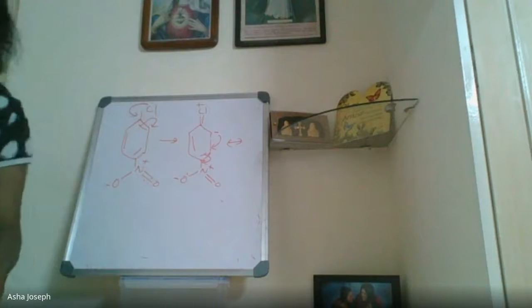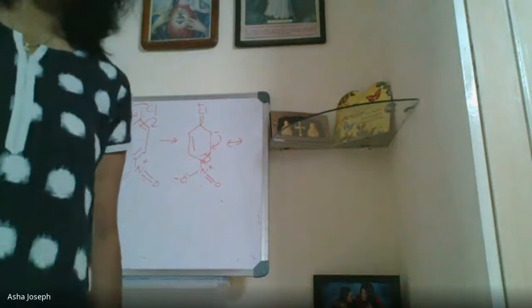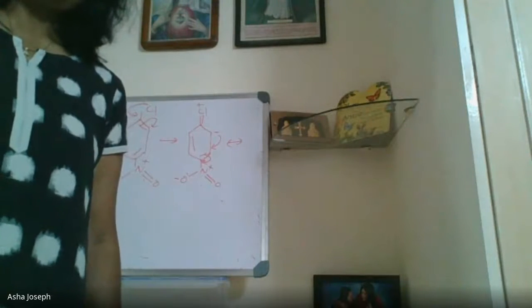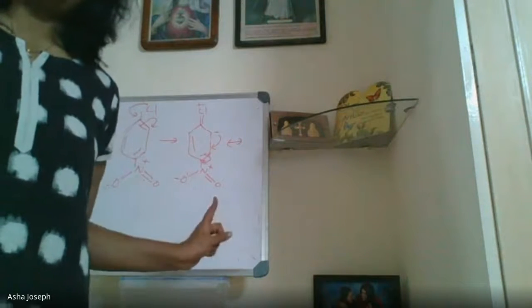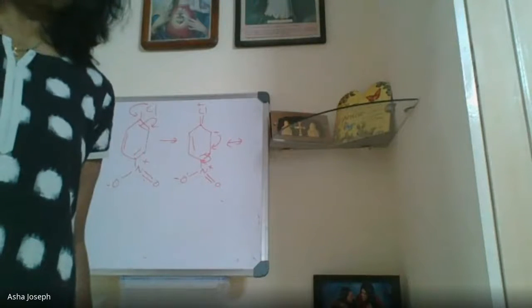And now you have to ask now itself, otherwise I have to draw the structures again. All of you, those who have not understood, now ask. I will explain these 2 structures.